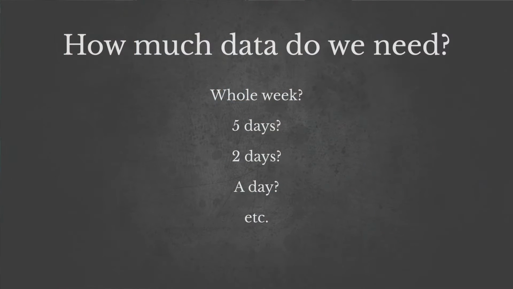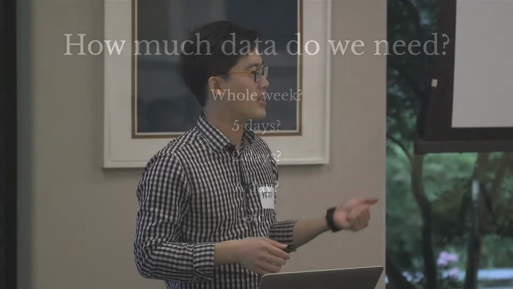Now, when we look at Hadoop, the question is often which part of the data you want to look at, because you cannot get everything. Like 6 years of data is just too much. So after every episode, how much data do we need? It can be a whole week, 5 days, 2 days, a day, or any arbitrary amount of time.